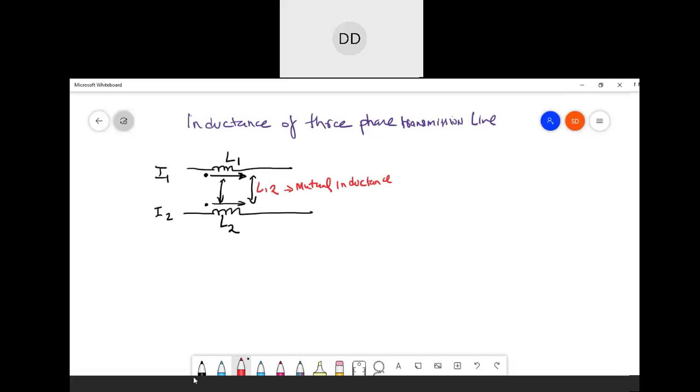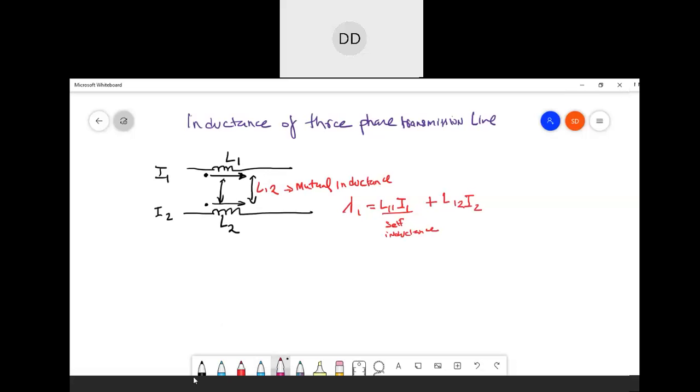Let's consider 1 meter length of the line, a single-phase circuit of two coils characterized by self inductances L11 and L22, and the mutual inductance as I have shown you. The flux linkage lambda 1 in wire 1 is due to the self inductance L11 and I1, and also due to the mutual inductance, which is due to the current I2, that is L12 I2.